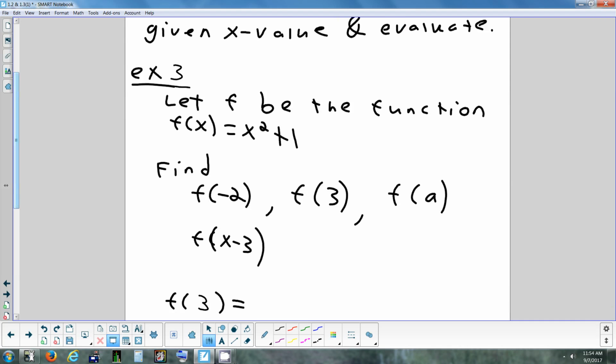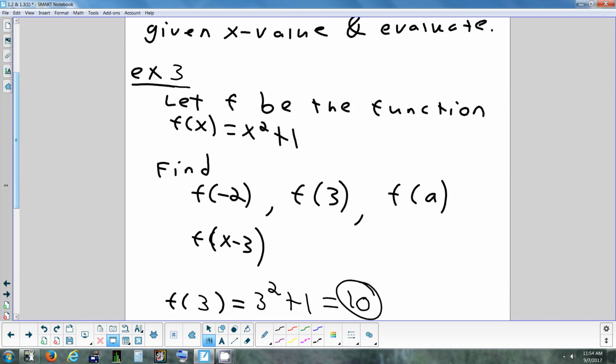And everywhere I have an x, I'm going to fill in a 3. So what's f of 3? Careful, not 9. 10. Because you've got to square it and add 1. That's all. So there'll be a couple problems on the test that are just like that. It's just evaluating for a value for x.